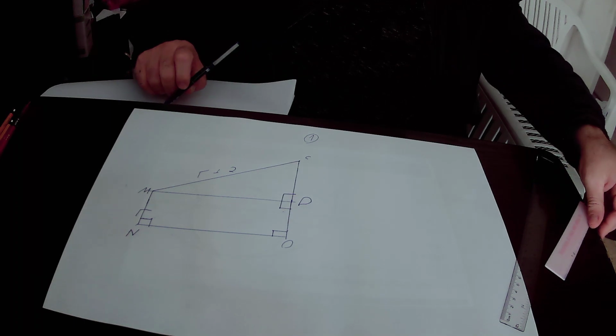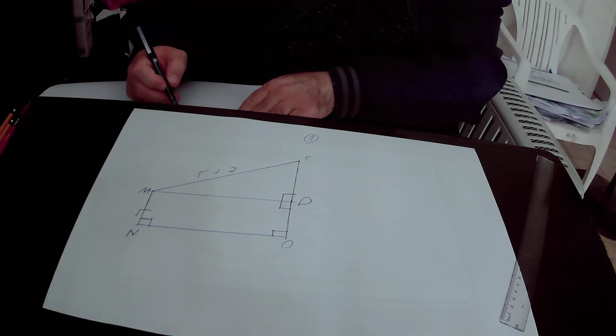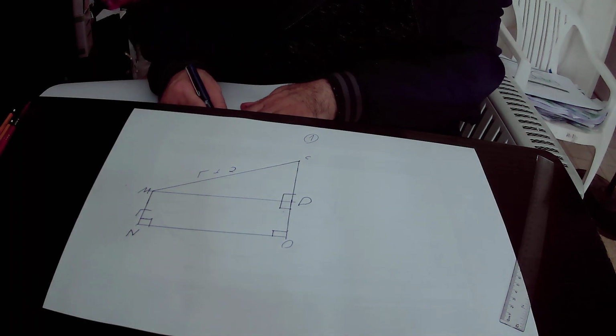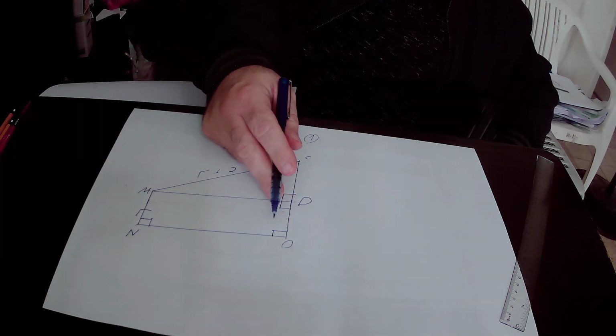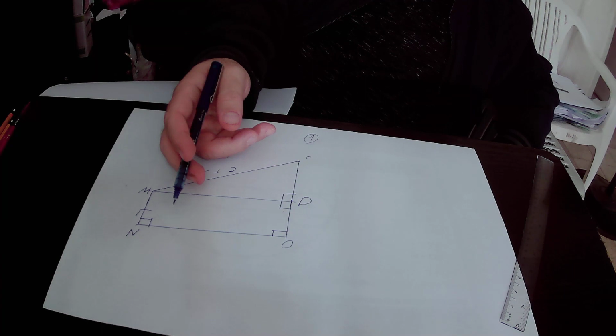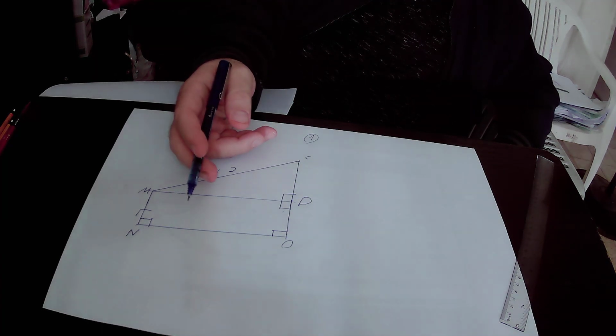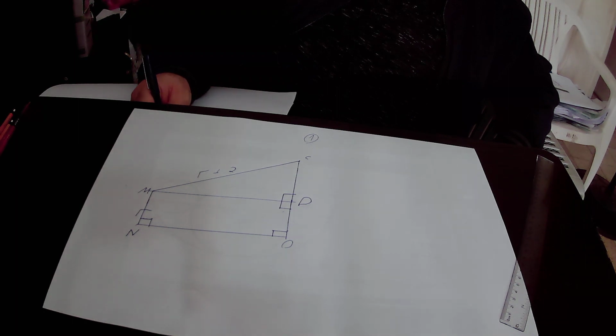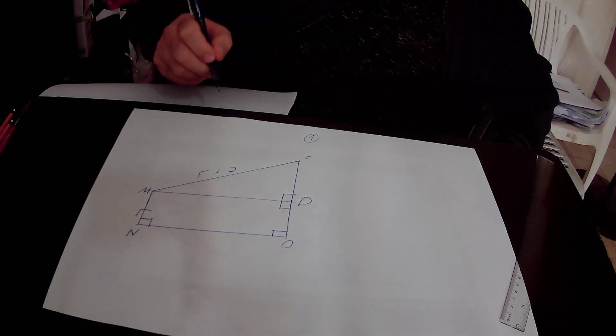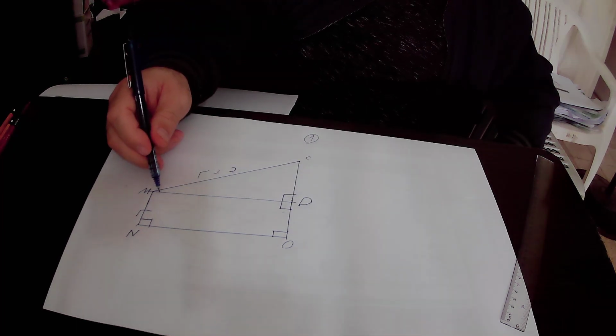Therefore, in quadrilateral MNOD, the sum of its angles must be equal to 360 degrees. That is to say, the 3 right angles, the total sum of them is 90 degrees times 3, that is to say it equals 270 degrees, plus the size of this angle.